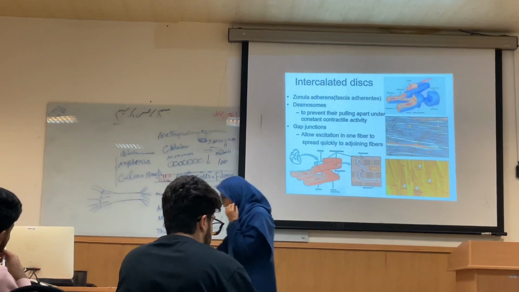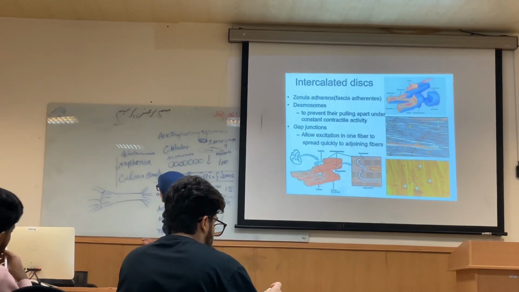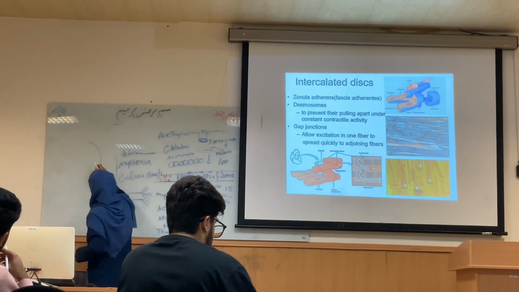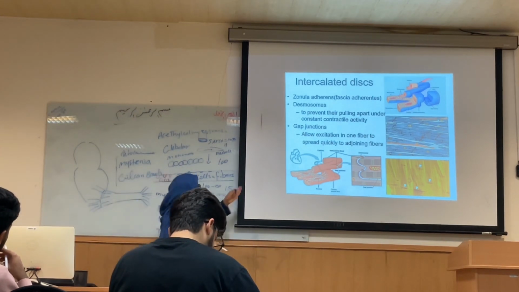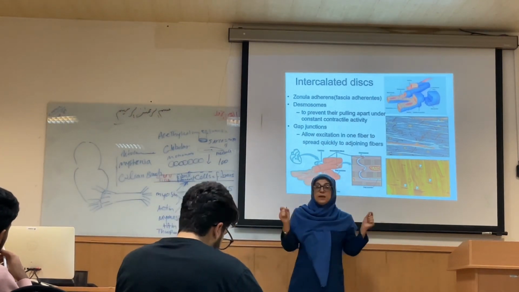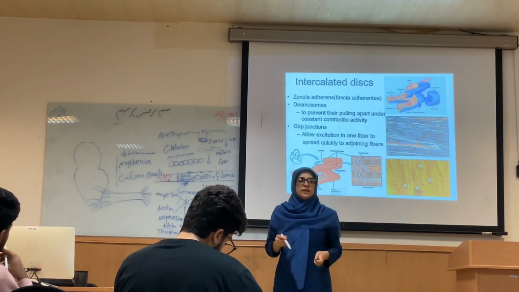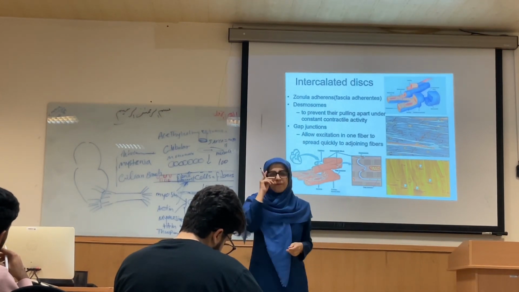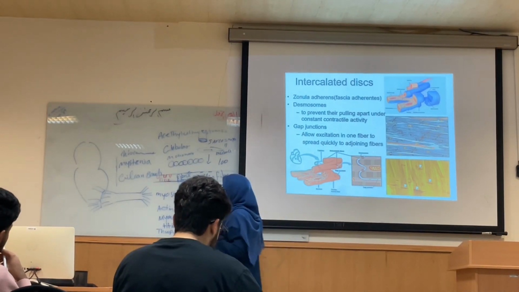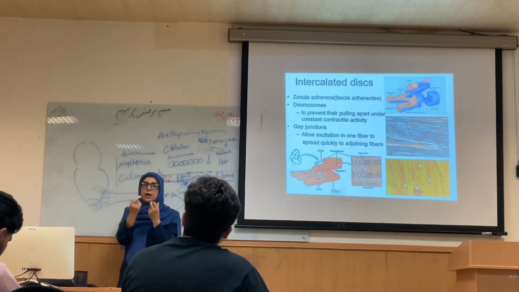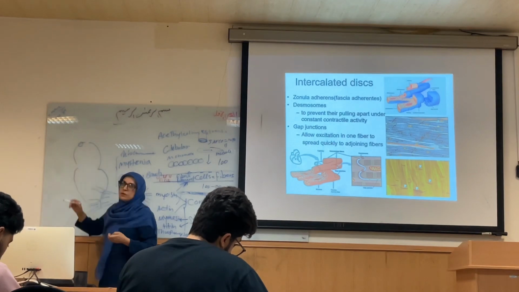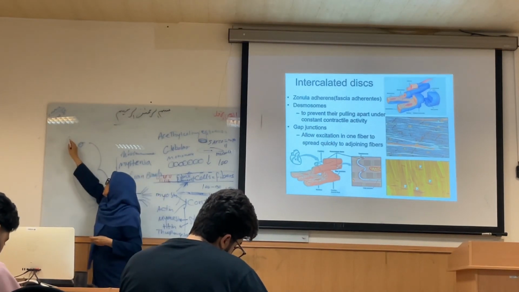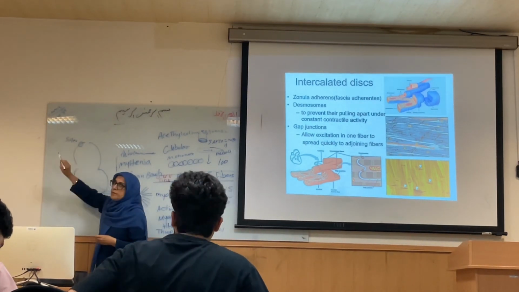Other junctions in the heart are the communicating junctions, or gap junctions. They connect cells together. Why? In the heart, guys, the beating, the pulse of the heart, is produced by the heart itself in the sinoatrial node.